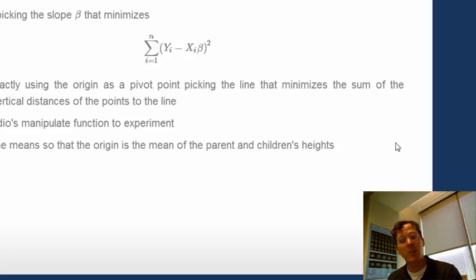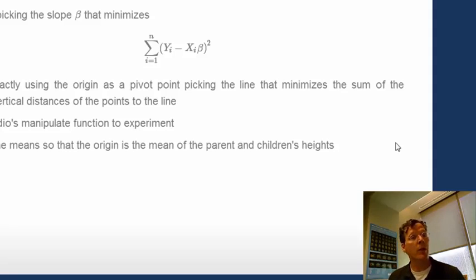We'll square that distance and add them up, and this is directly analogous to finding the least squares mean that we did just a couple of slides ago. So this is exactly sort of using the origin as a pivot point and picking the line that minimizes the sum of the squared vertical distances between the points on the line. So we're going to use RStudio's function manipulate to experiment with this and see if we can find that line.